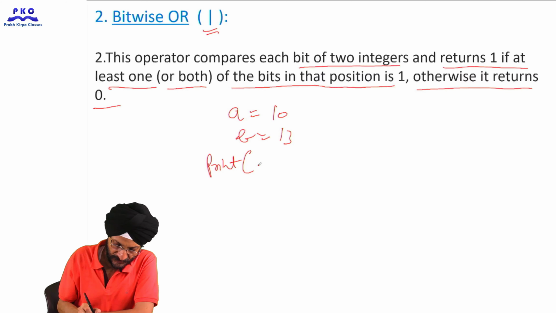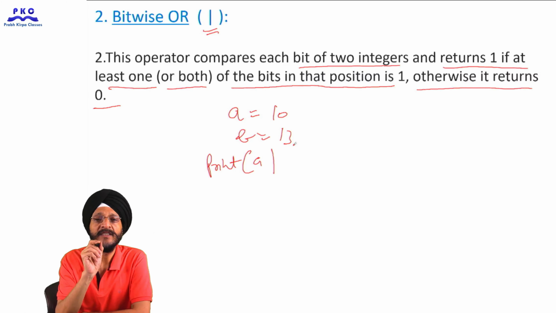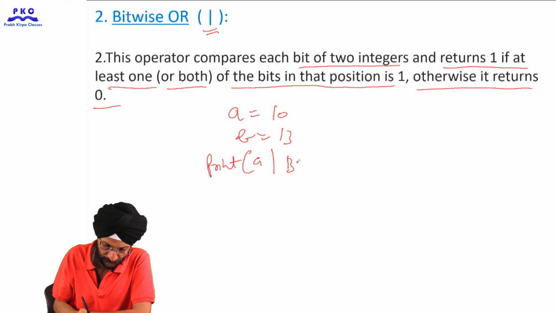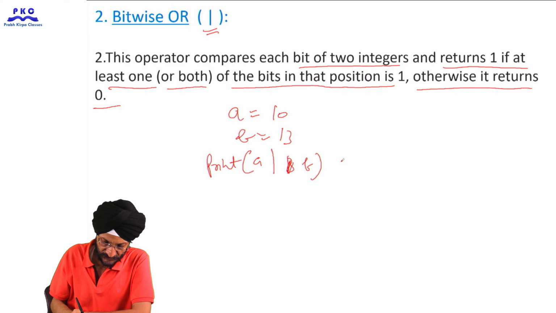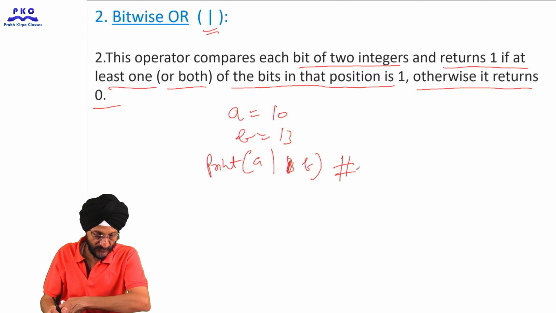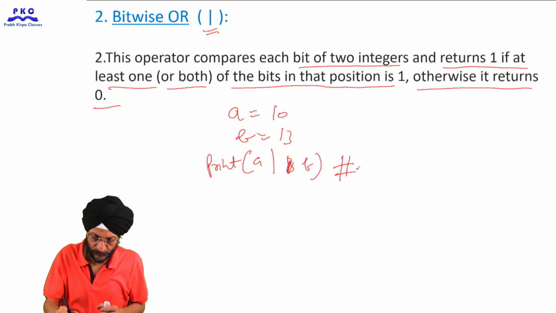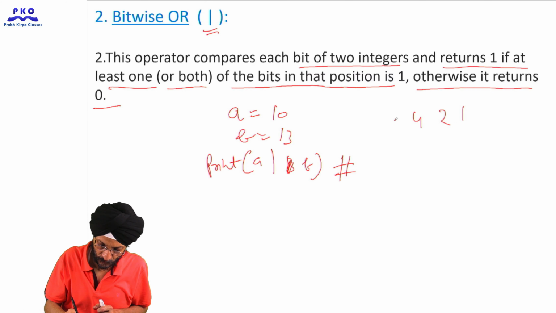Now we use print A bitwise OR B. This is the somewhat straight line, written in smaller case. Now what is the output? We have already calculated the values 1, 2, 4, 8.